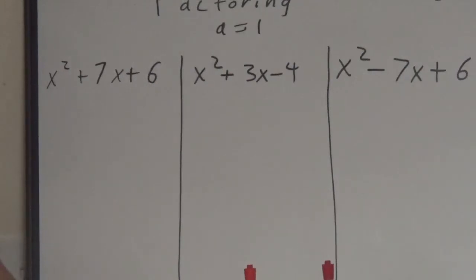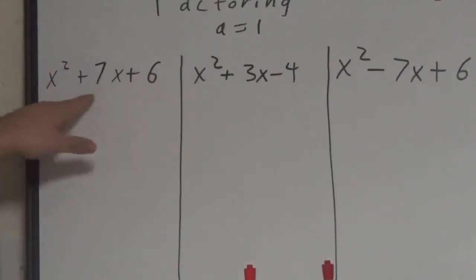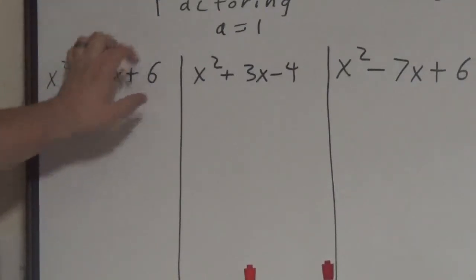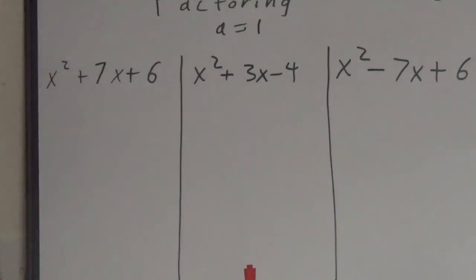Except for the first one, those values can equal 0. The first one can't, x squared cannot equal 0. But the other two could. It goes A, B, C. The C is usually easy to remember because constant starts with C.